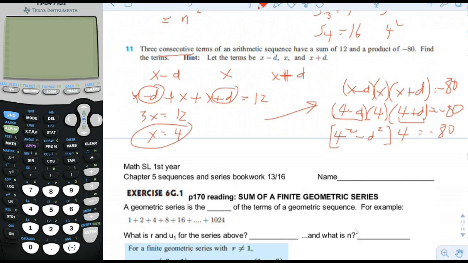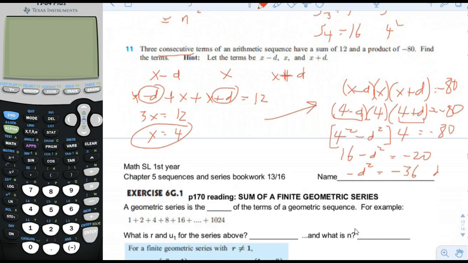Now we'll divide both sides by 4, and then we'll have 4 squared minus d squared equals negative 20, right? And then let's rearrange this. 4 squared is 16, right? So we're going to write 16 instead of 4 squared. And then we'll subtract 16 from both sides. And that will give us negative 36 equals negative d squared.